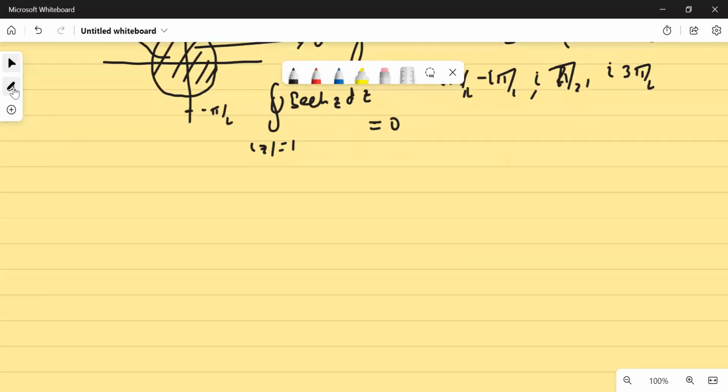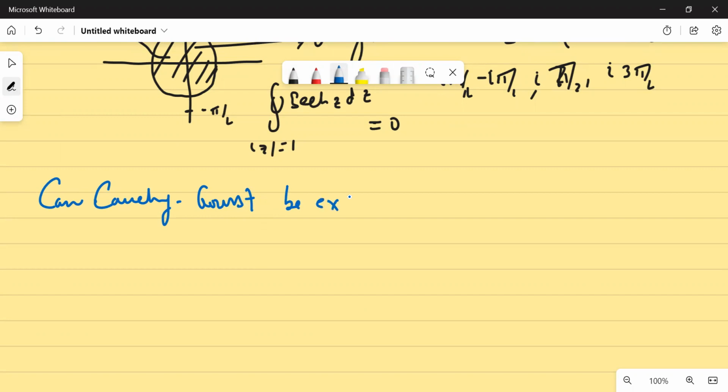Okay, now a question arises: can the Cauchy-Goursat theorem be extended to multiply connected regions also? So the next question that arises is whether my Cauchy-Goursat theorem can be extended to multiply connected regions as well.